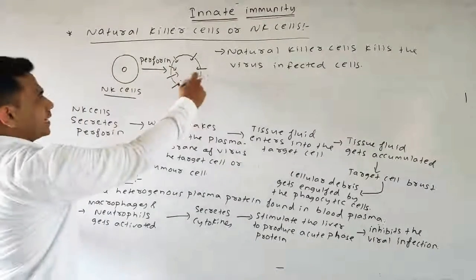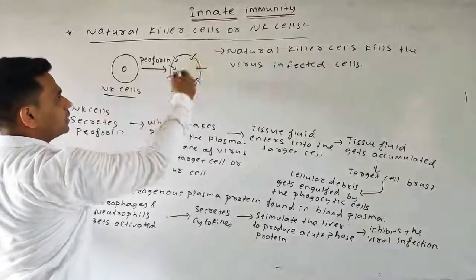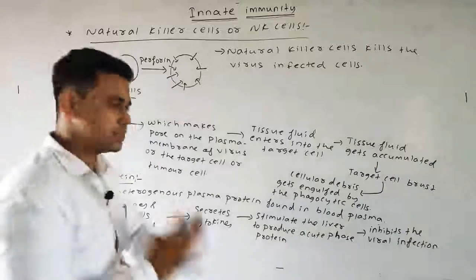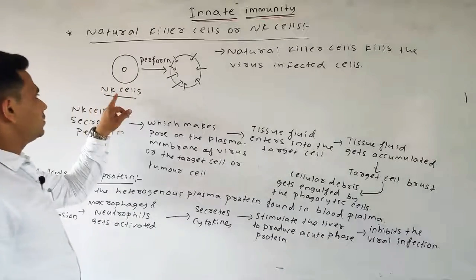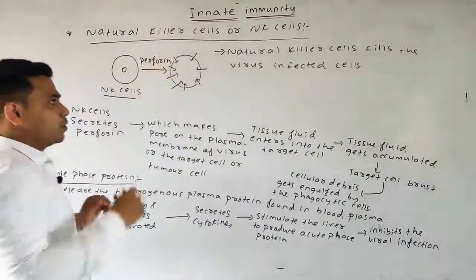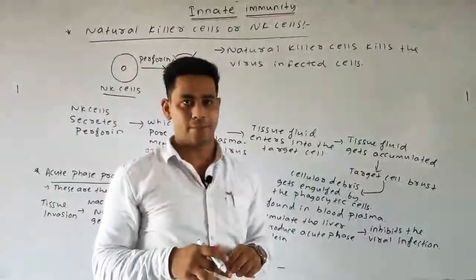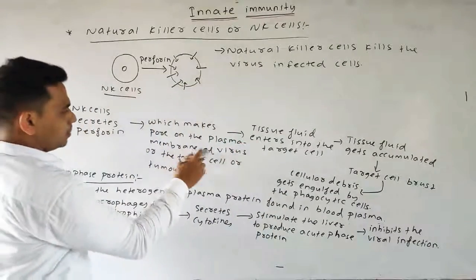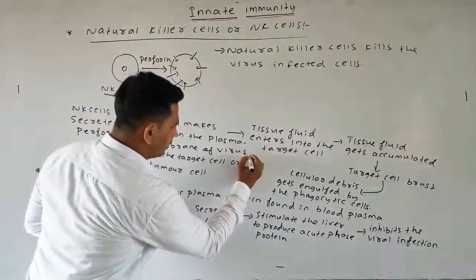Okay, this one is your target cell. Remember, the virus is infecting the cells, so this one is your target cell, means virus infected cells. Always remember the NK cells release the perforin. It makes pores in the virus infected cell, or we can say the target cell. We can simply write membranes on the virus infected cell.